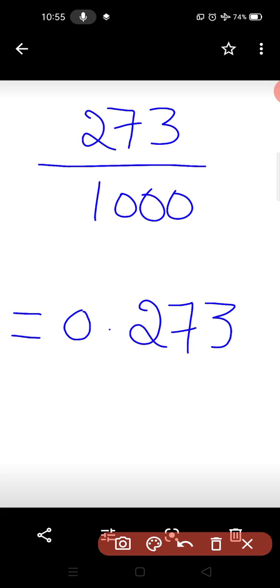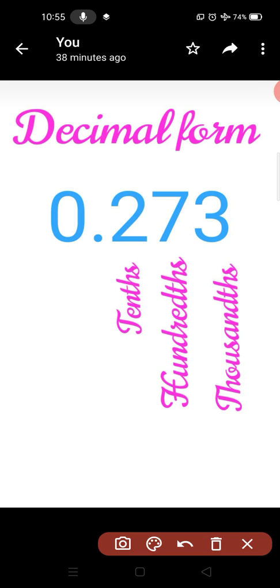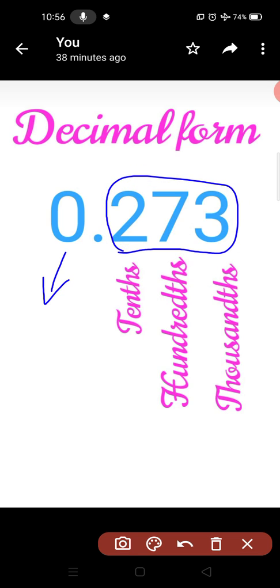We know that when a square is divided into 10 equal parts, the total number of parts is 10. See the decimal part here, 0.273. Here 0 is the whole part and 273 is the decimal part. So a decimal number has two parts: the first one is the whole part and the second one is the decimal part.